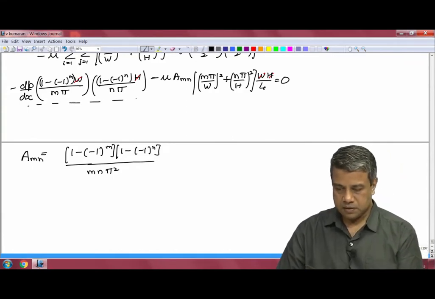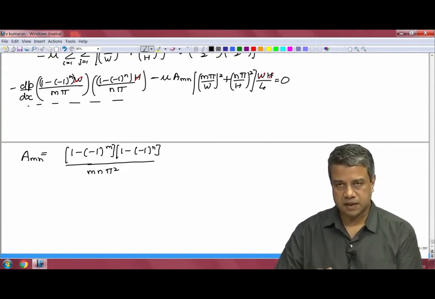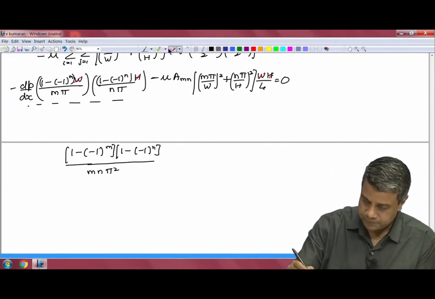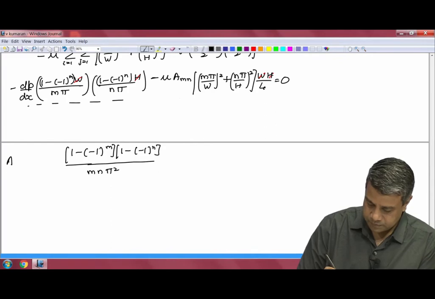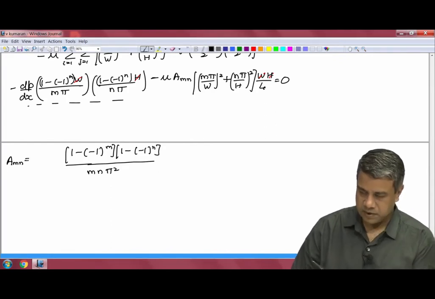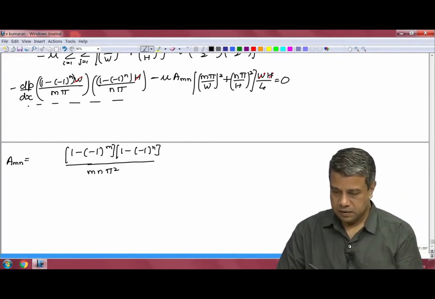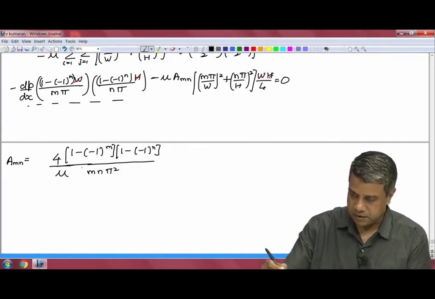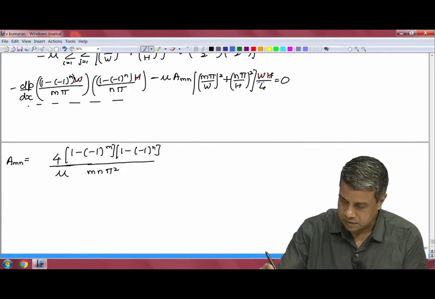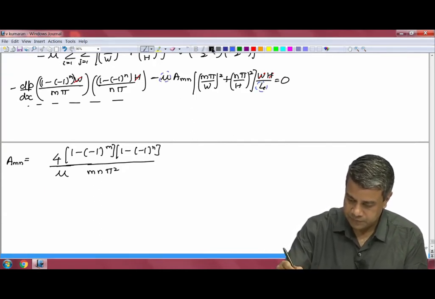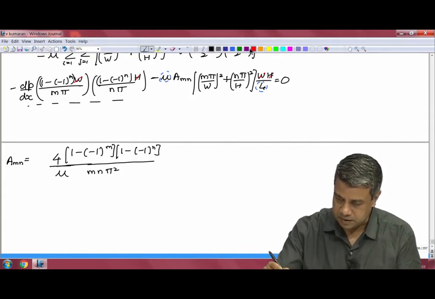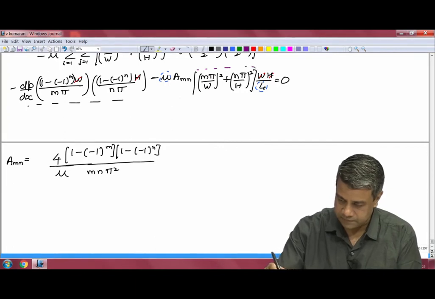So, I have to multiply by the coefficient of the second term in order to get this. So, there is a factor of 4 by mu coming out of these two terms, 4 and mu here. And then there is an inverse of this term here. There is an inverse of this term.